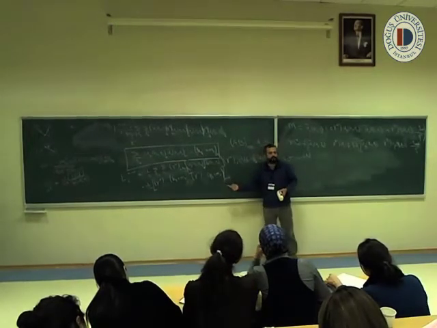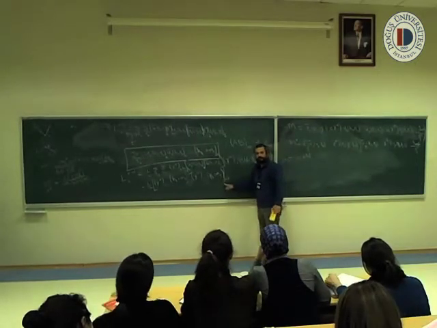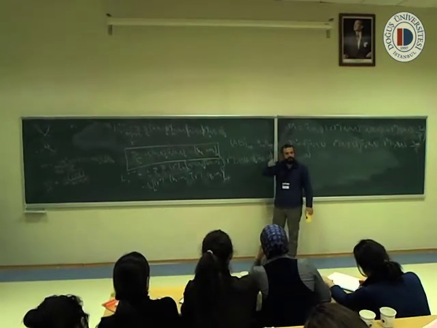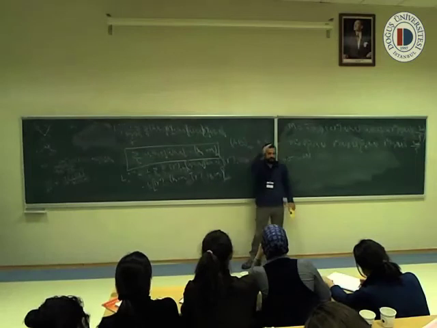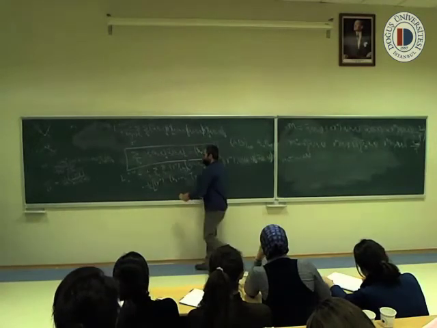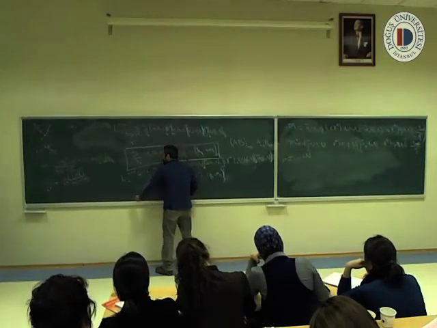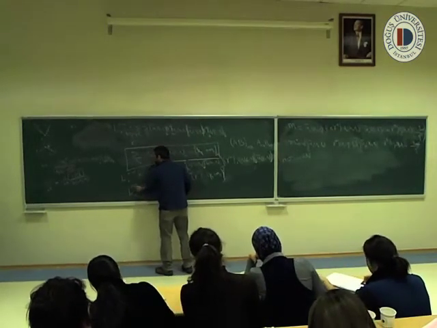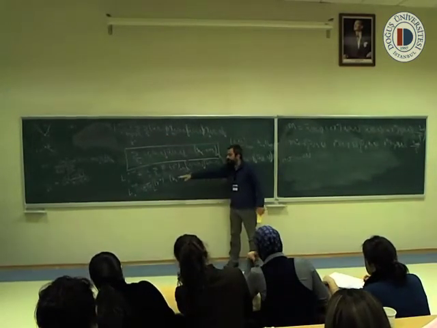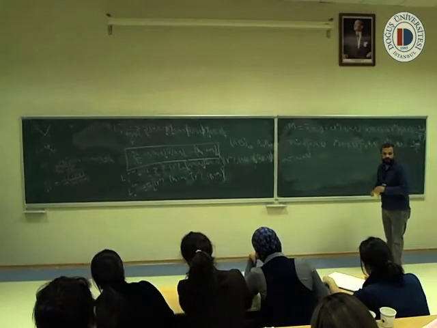Remember, since the index is repeated, I'm summing over all possible values of A. But the AA element is nothing but the diagonal element. As I sum over AA, I'm summing over all the diagonal elements of this matrix. But the sum of the diagonal elements of a matrix is just its trace. So now I managed to write this product in terms of the trace of a product of gamma matrices. So now I need to calculate this trace term.